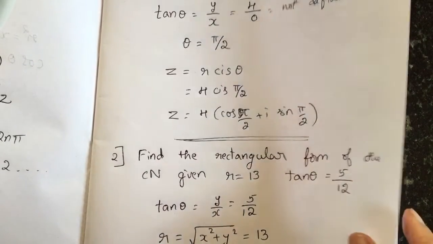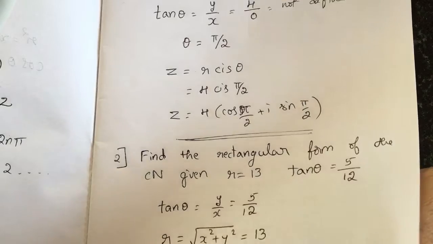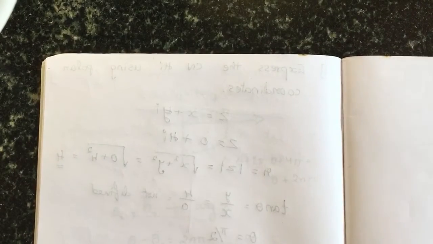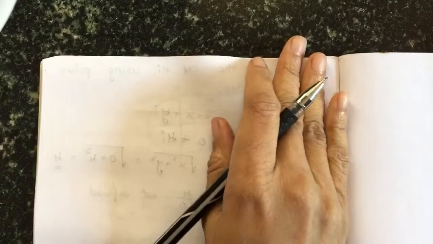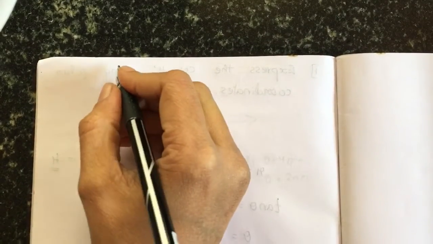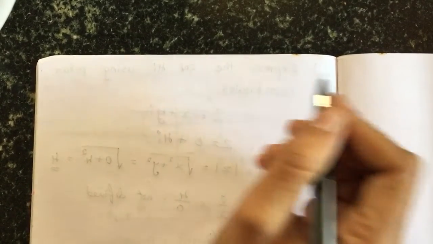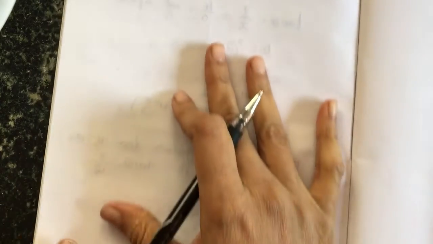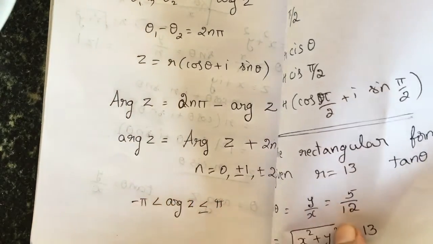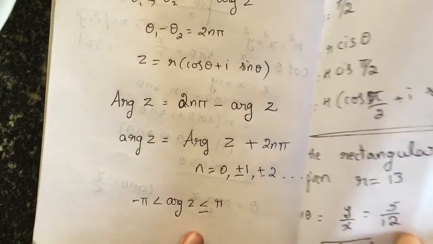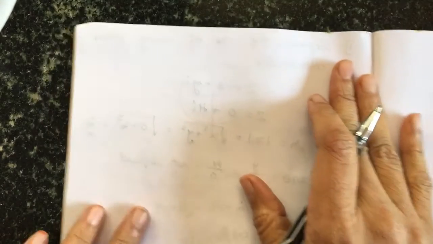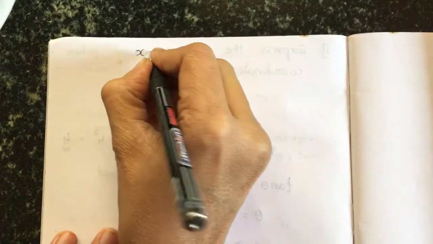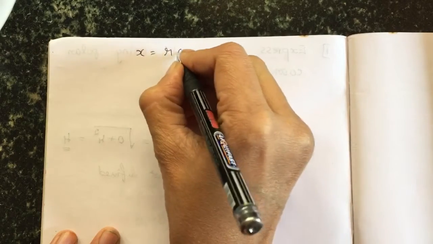Now z equal to r cos theta plus i r sin theta. When we substitute tan theta equal to y by x, which is 5 by 12, we know x equal to r cos theta.